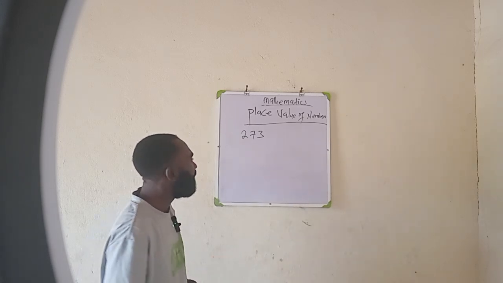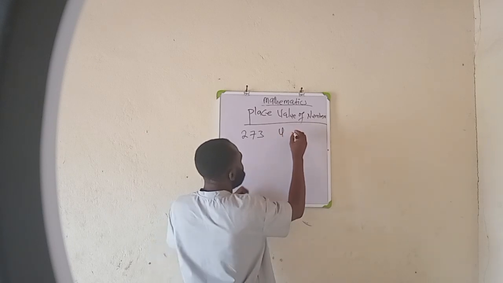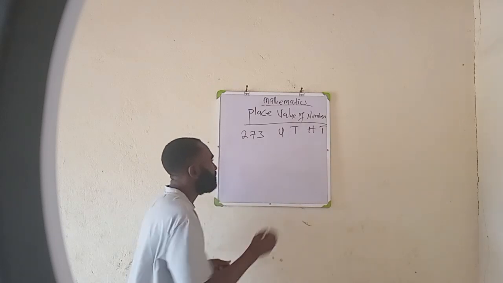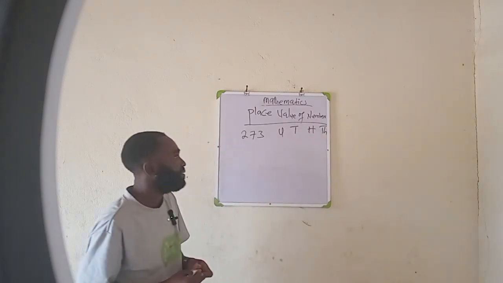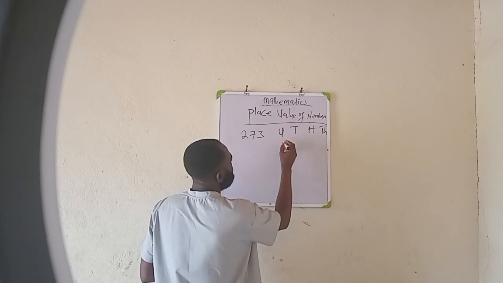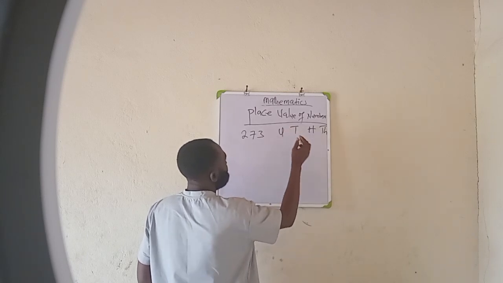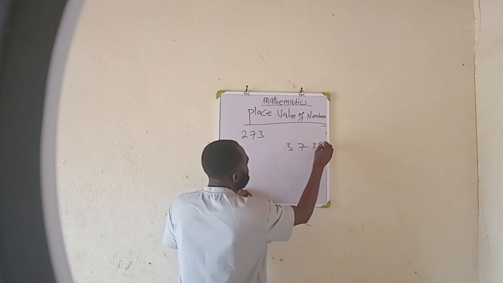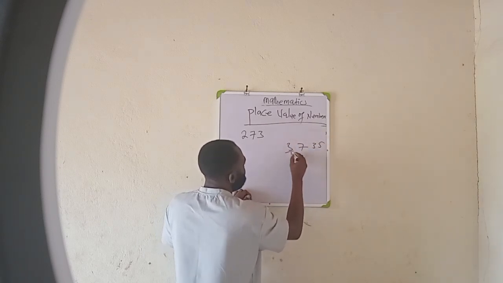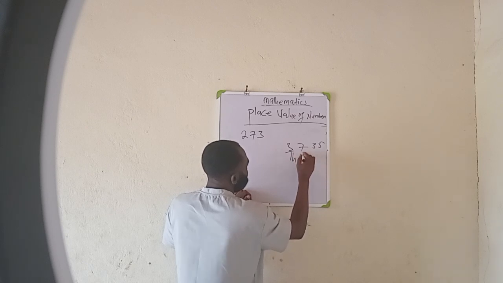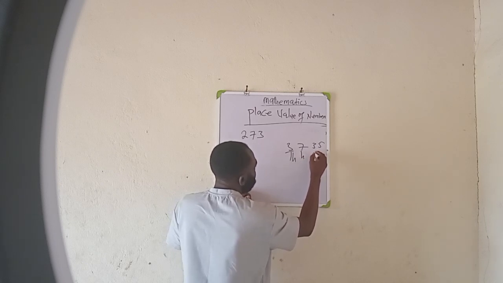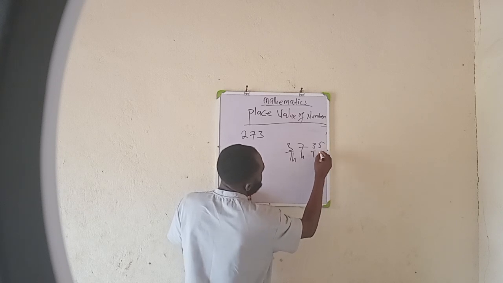As we know before, we have units, tens, hundred, thousand, thousands, hundred, tens, units.